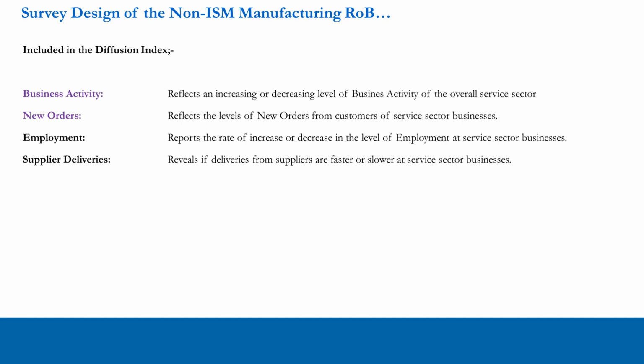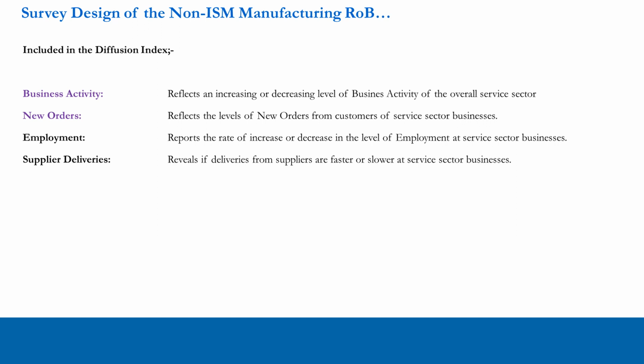So business activity, what does it cover? Well, it tells us whether business activity is increasing or decreasing overall in the US service sector. And then new orders reflects the level of new orders from customers of service sector businesses.